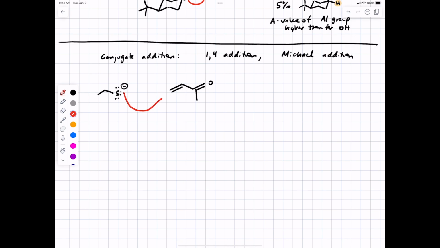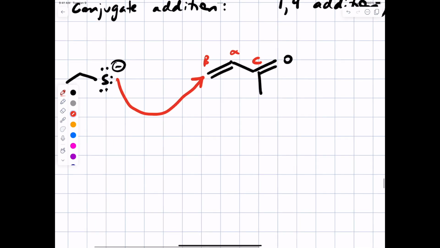The standard mechanism is we attack the beta carbon. It's useful if you've got some MO theory intuition and recognize that as a conjugated system. The LUMO there should be not just the pi star, right? The HOMO and the LUMO of this molecule. Well, fine, let's just do that.